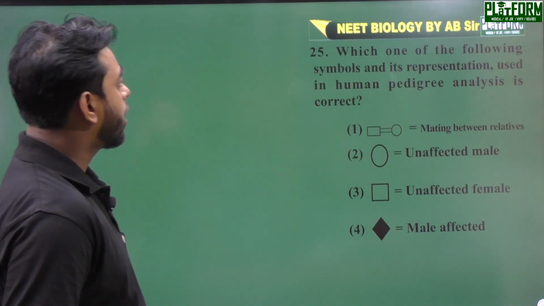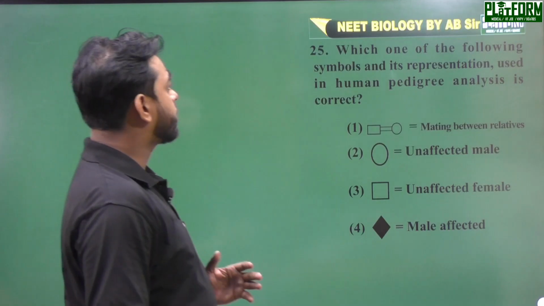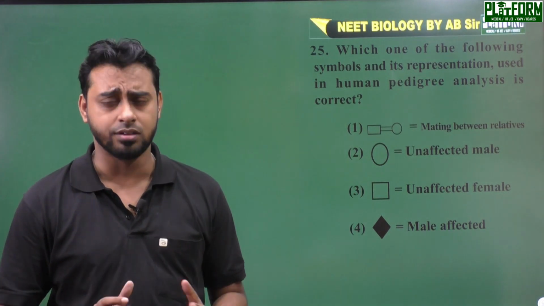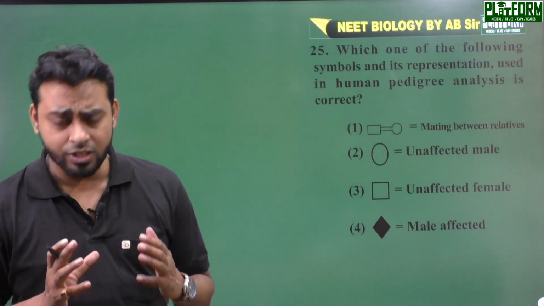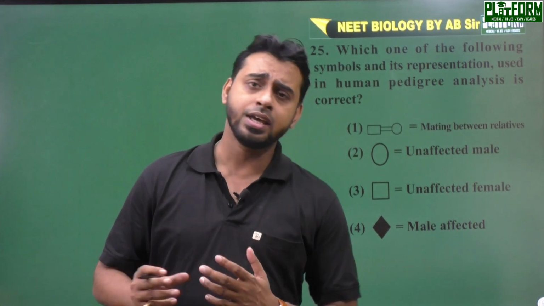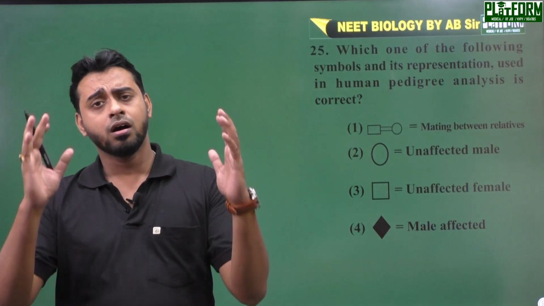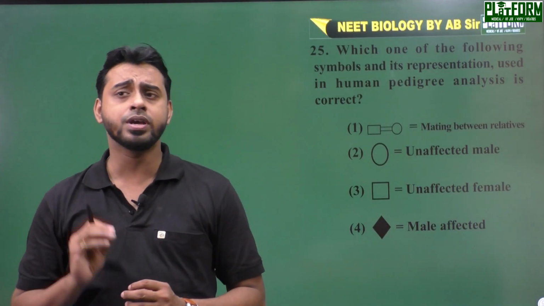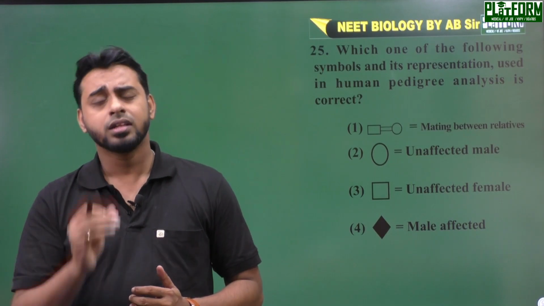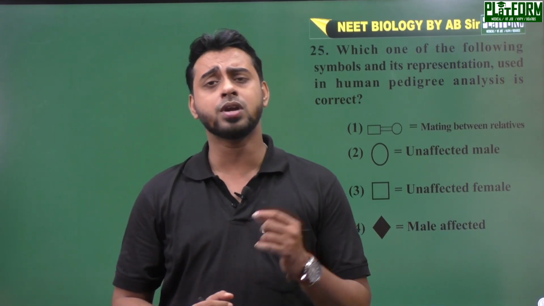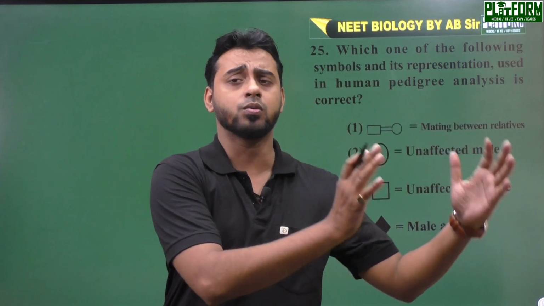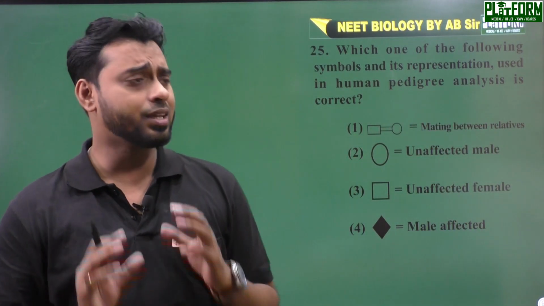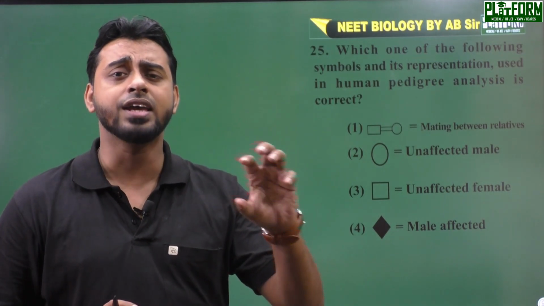Now move to our next question, number 25, and this is a question from pedigree analysis. Okay, so what is actually a pedigree? The pedigree is actually a family tree, and by observing the pedigree we can detect the inheritance of a particular disease in that particular family. Fine. Now to construct the pedigree we use some symbols.